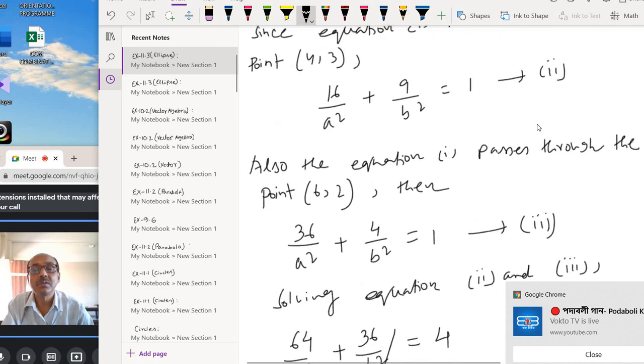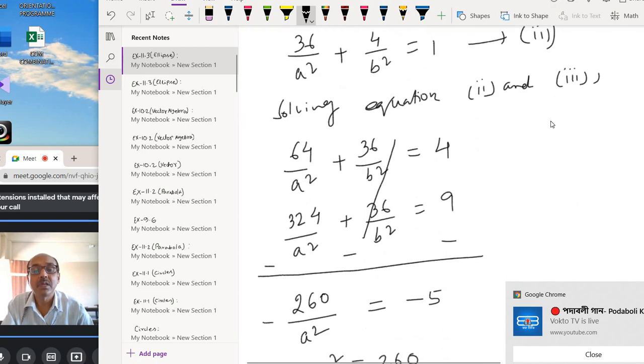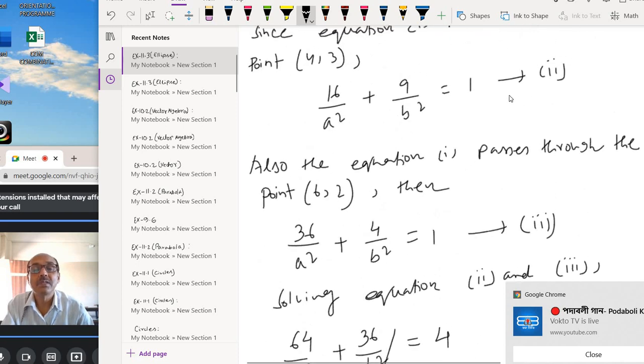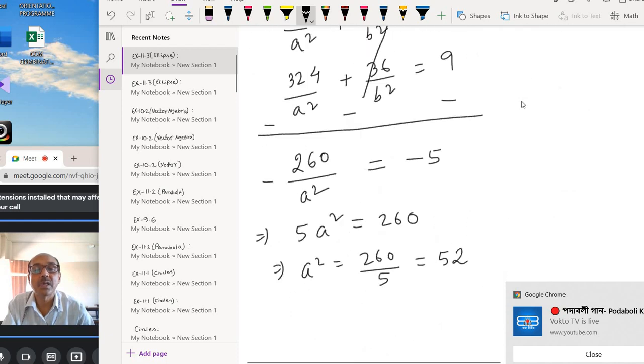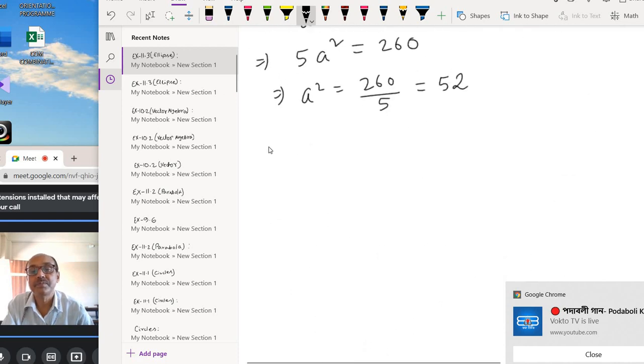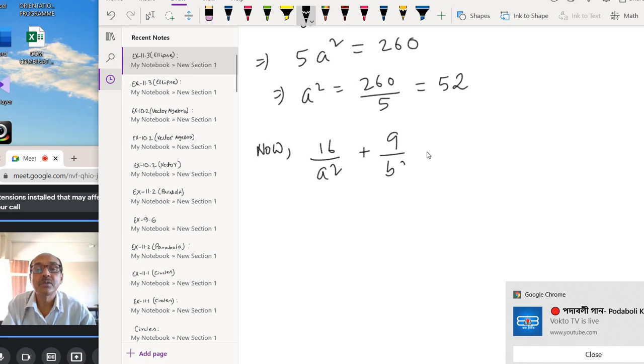Now take equation 2 and use a square equal to 52. So equation 2 is 16 by a square plus 9 by b square equal to 1. a square equal to 52.